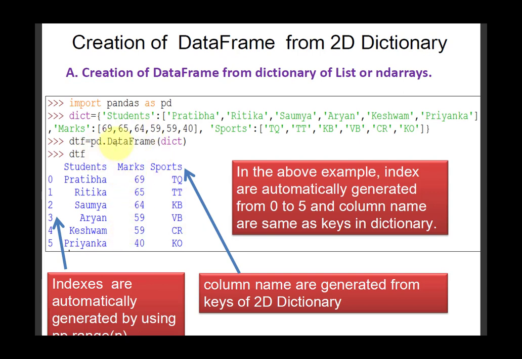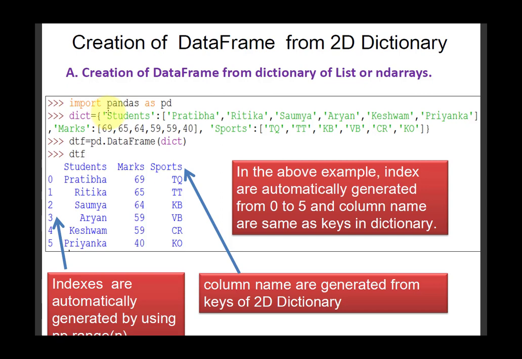So how can you create your program into a data frame? Let's see the example: creation of data frame from dictionary of list or ndarray. So there I am creating a data frame with the help of a dictionary.